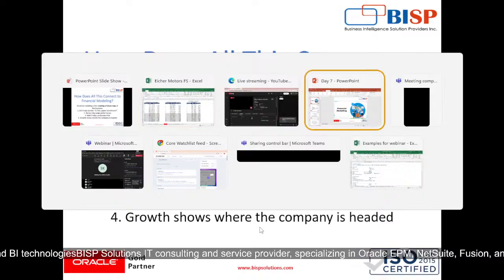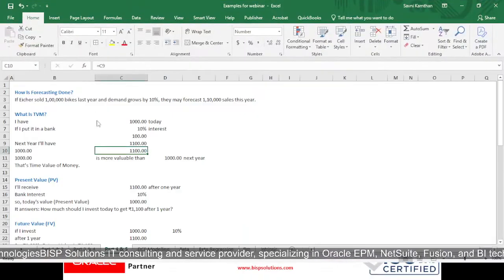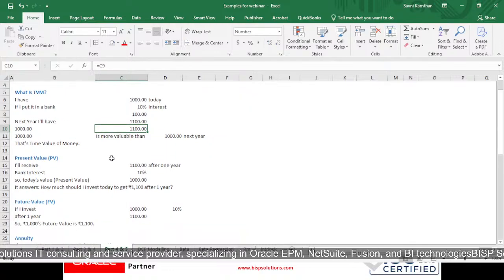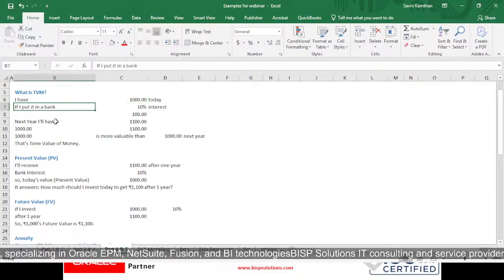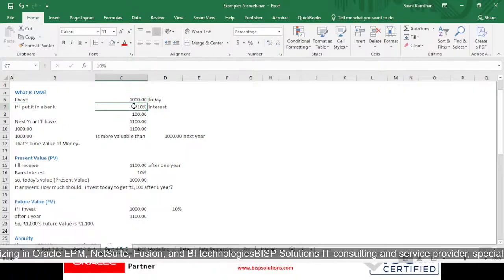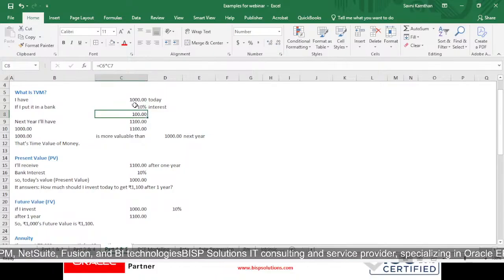So let's take an example for what we have understood. Forecasting we have understood, and TVM, for which we take a small amount for calculation. I have 1000 rupees today, right? If I put it in a bank at around 10% interest rate, I will get 100 as interest, so next year I will have 1100 rupees.